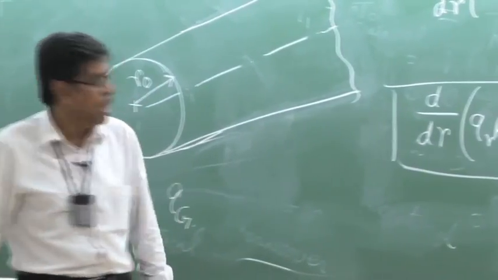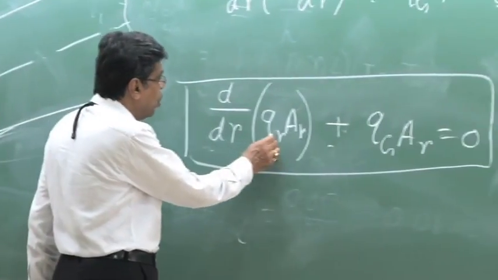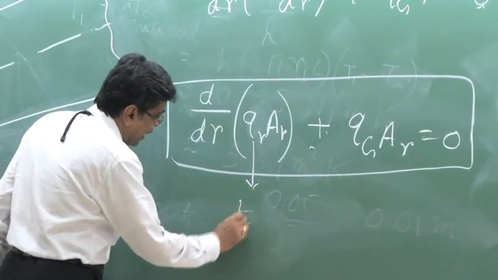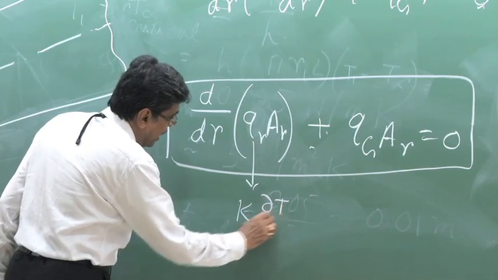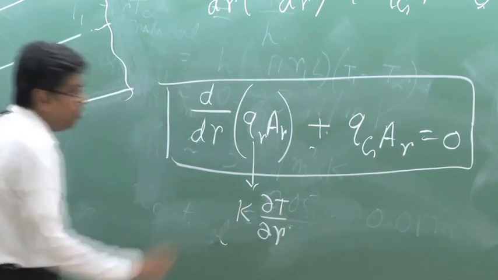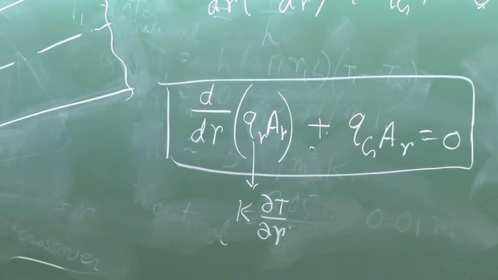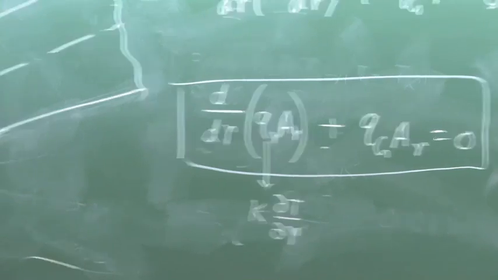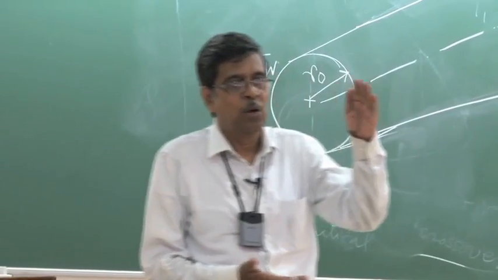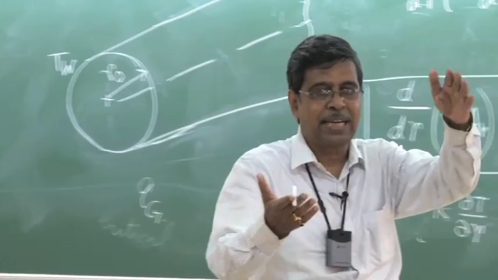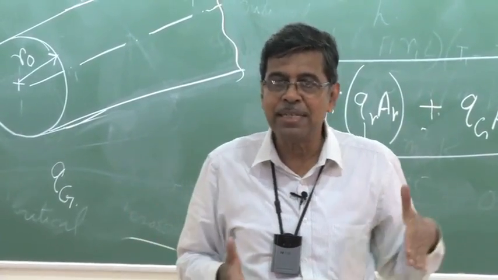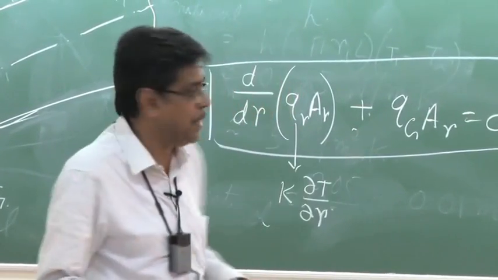Clear? Now QR is K del T del R, or K del T del X. AR accordingly in a plane area with constant cross-sectional area A will come out. Otherwise A may vary in converging, diverging passages.